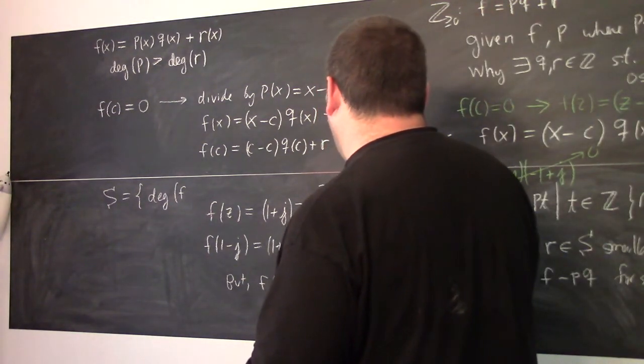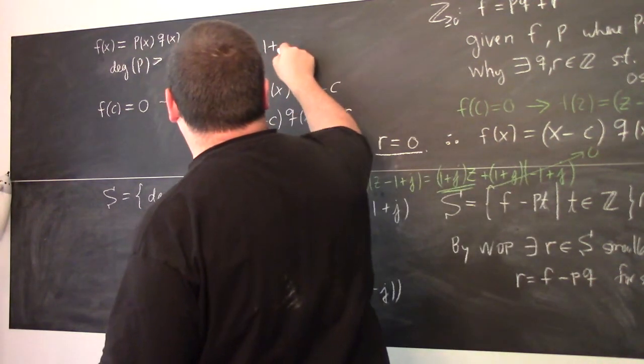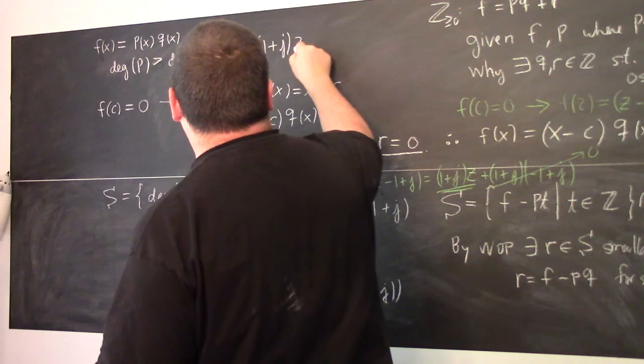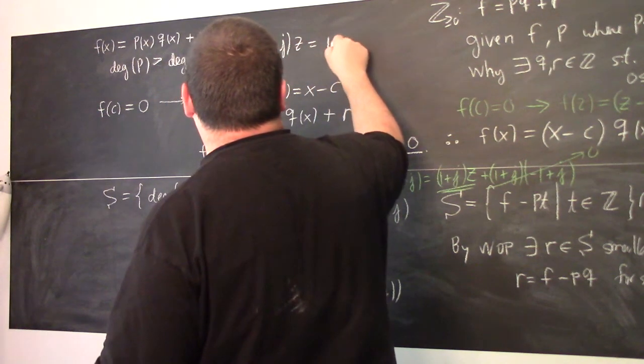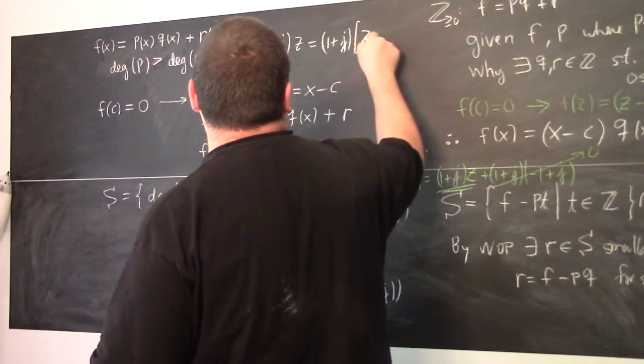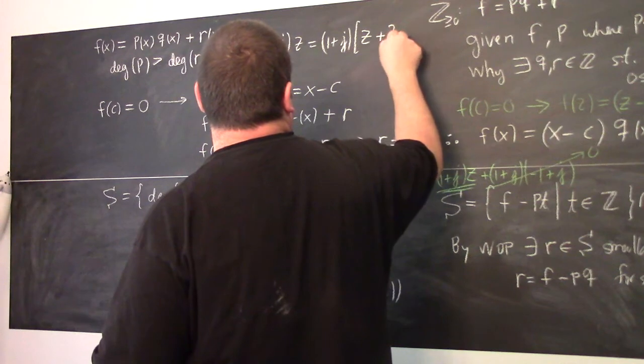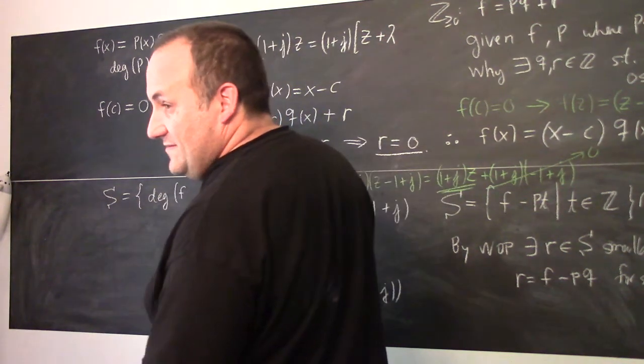I'm using c in two different ways, but the problem here is just this 1 plus J times z, right? And then plus any real number you like, lambda.